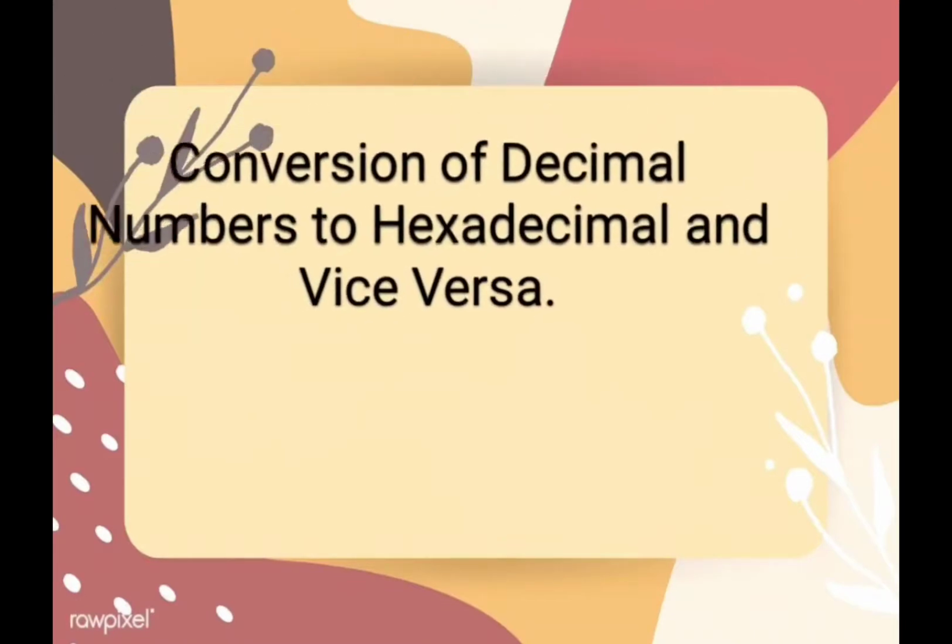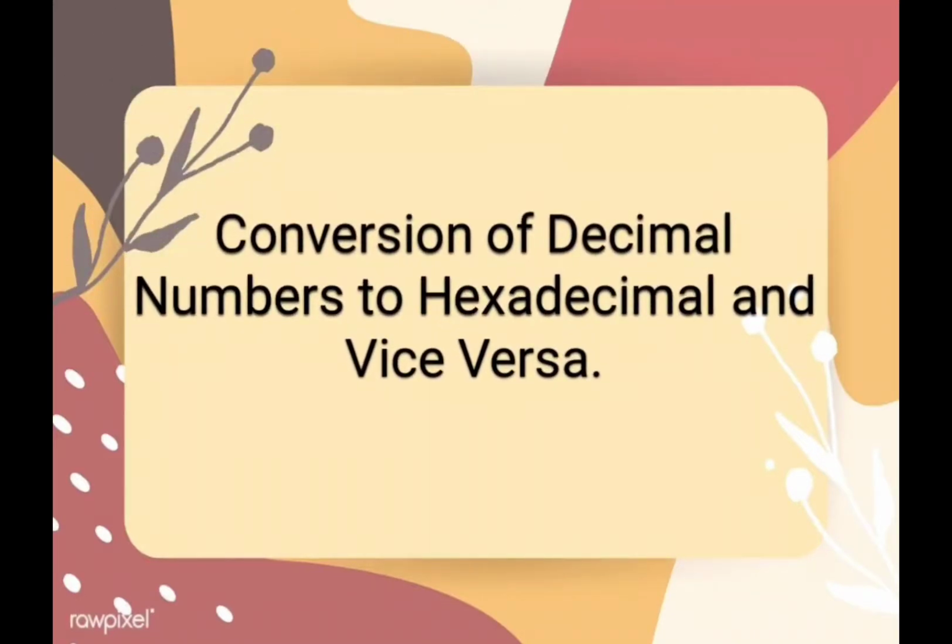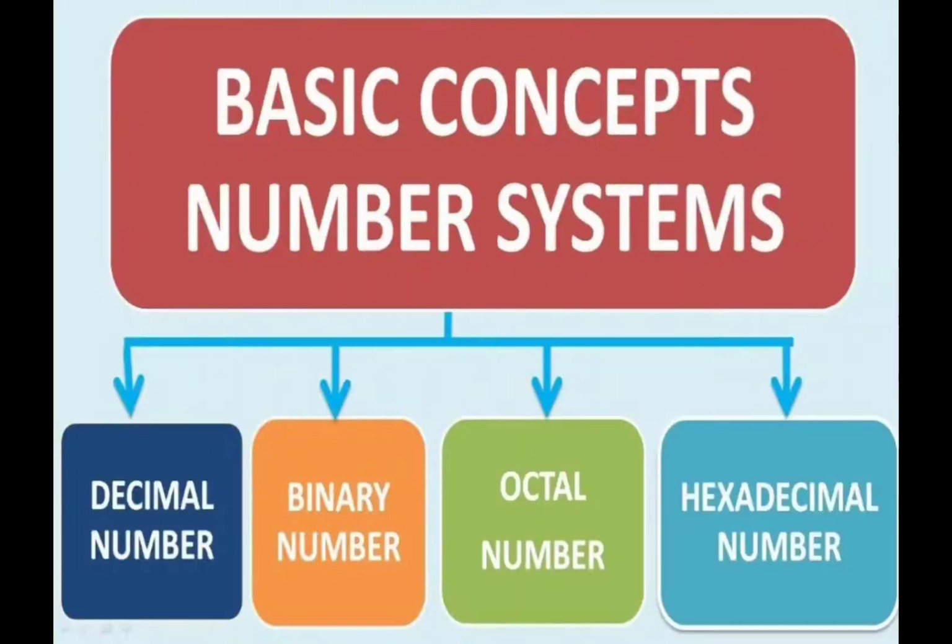So now, to give you a hint from our previous activities, what do you think is our lesson this morning? What do you think, class? Very good. Conversion of decimal numbers to hexadecimal and vice versa. As we know, the number system is a form of expressing numbers.